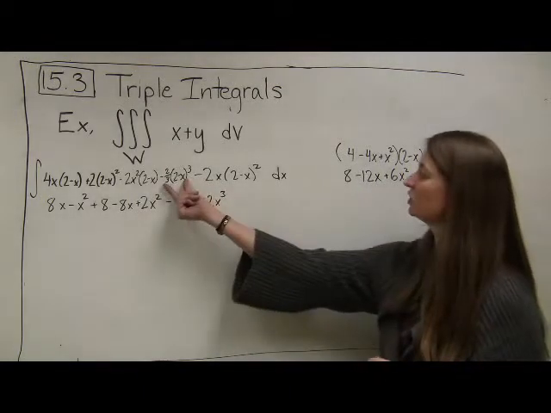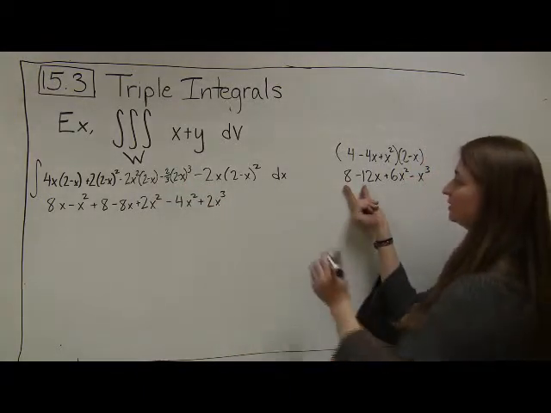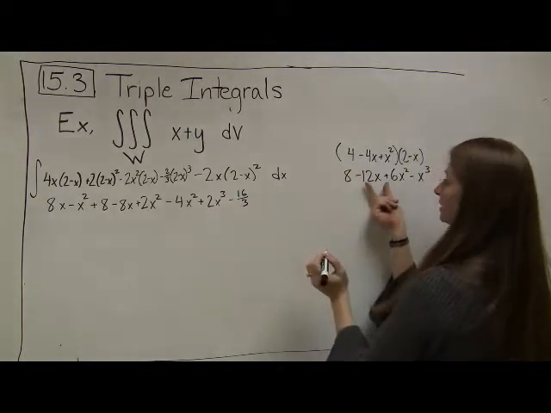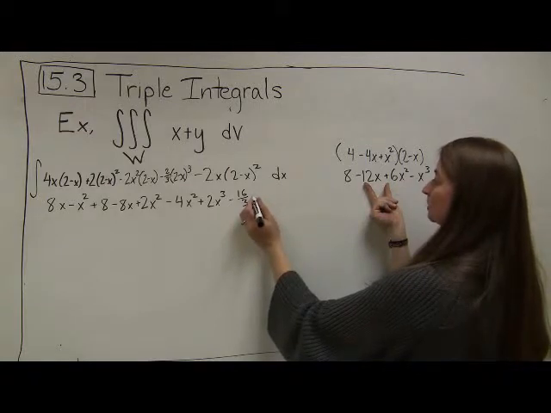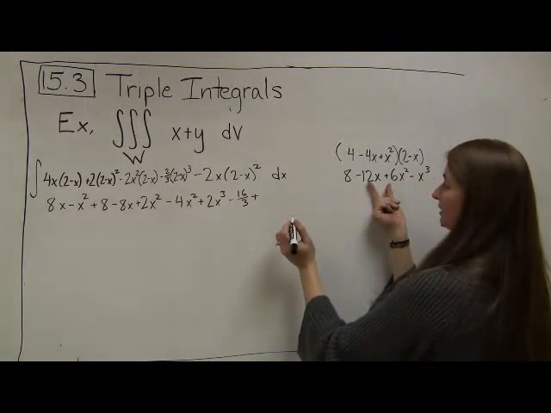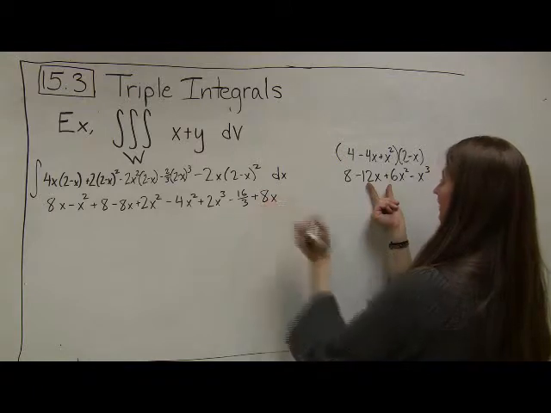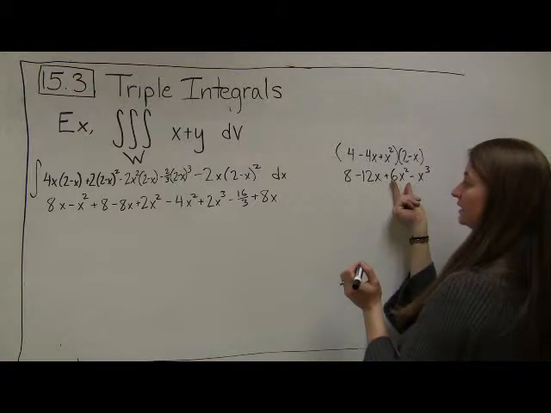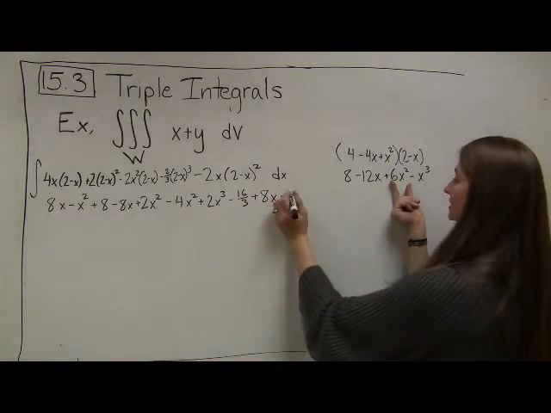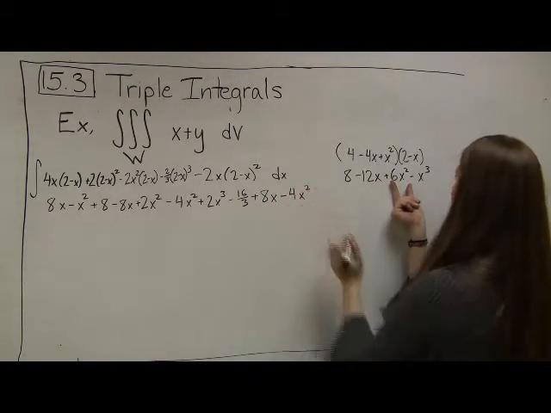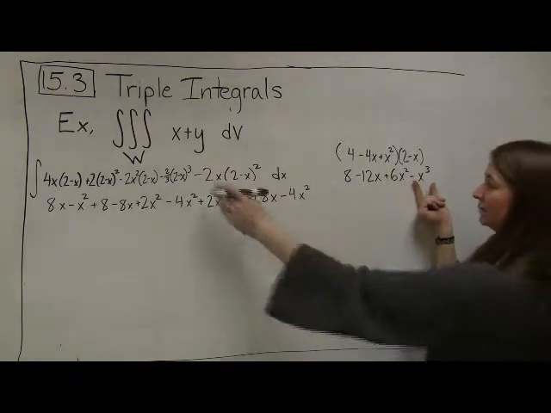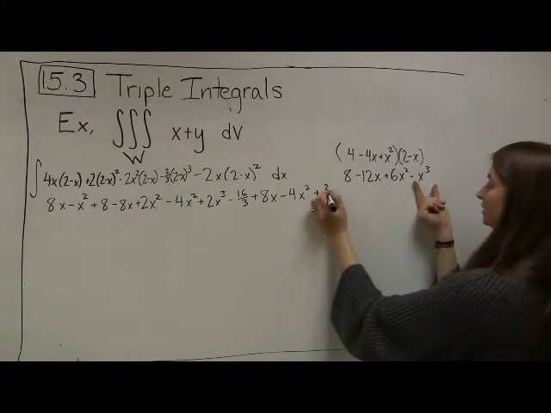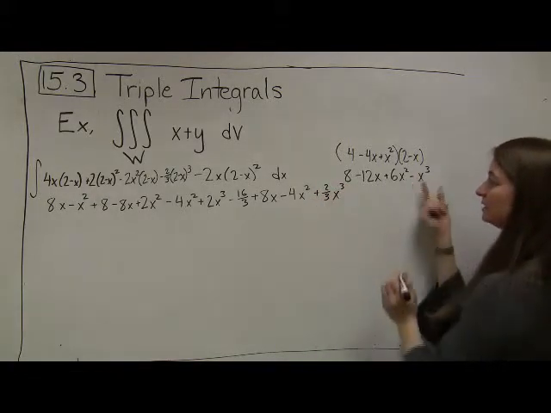So that's what this chunk is. And I multiply that by 2/3. So that becomes minus 16 thirds plus 12 divided by 3 is 4, 8 x's, and then 2/3 of 6 is 4, so minus 4 x squared, and then my x cubed term times negative 2/3, this becomes positive 2/3 x cubed.